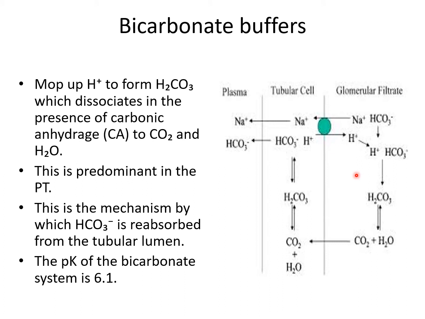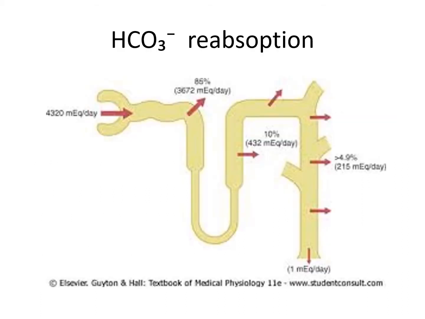This is a very good buffer as its pK is 6.4, near to the urinary pH of 6.5. Before going to the next buffer, we'll discuss bicarbonate reabsorption in detail. It is a very important topic for exam purposes also.